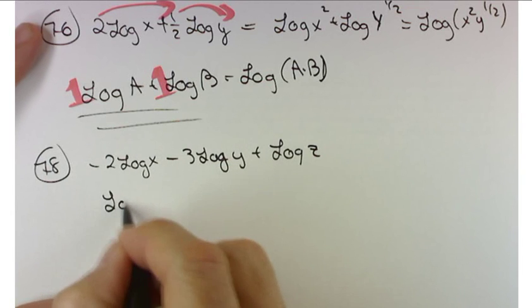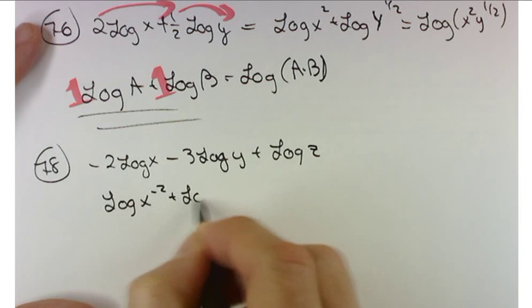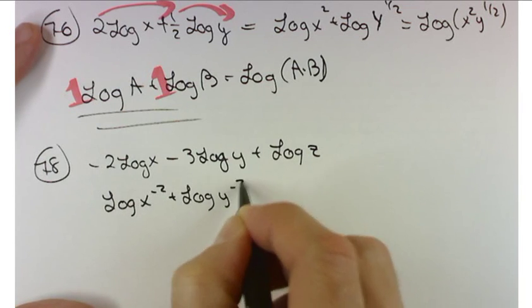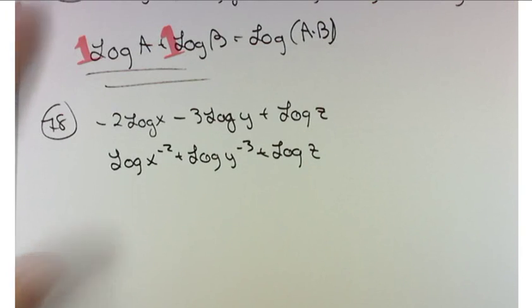So this becomes the log of x to the negative second plus the log of y to the negative third plus the log of z. So, again, you could just play around by taking the 2 and the 3 up there, but I find it much, much more efficient if you take that negative with it.